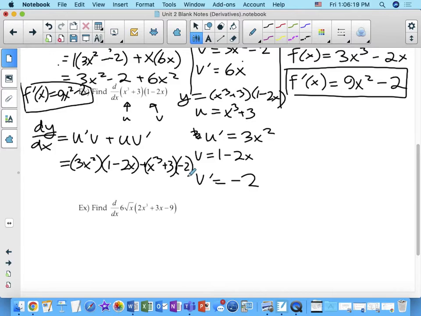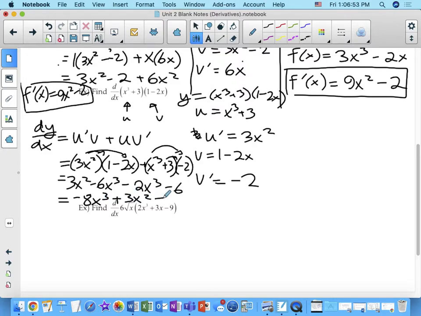So this is going to be 3x squared and then minus 6x cubed, and then minus 2x cubed, and then minus 6. So all together, that is negative 8x cubed plus 3x squared minus 6.